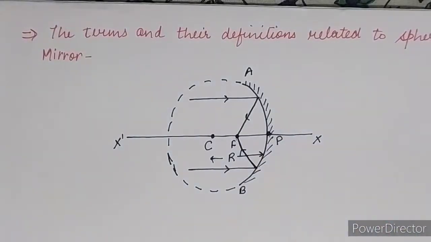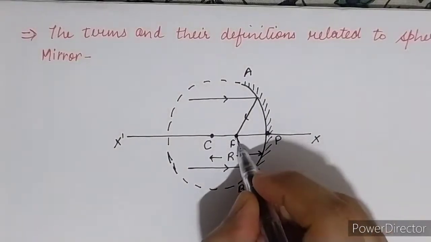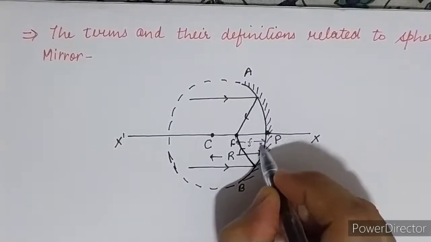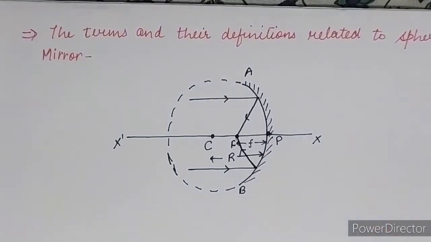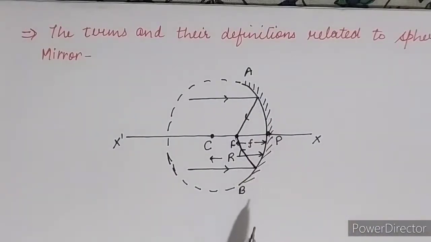And the distance between the pole and the focus point is your focal length, small f. Clear? Okay.